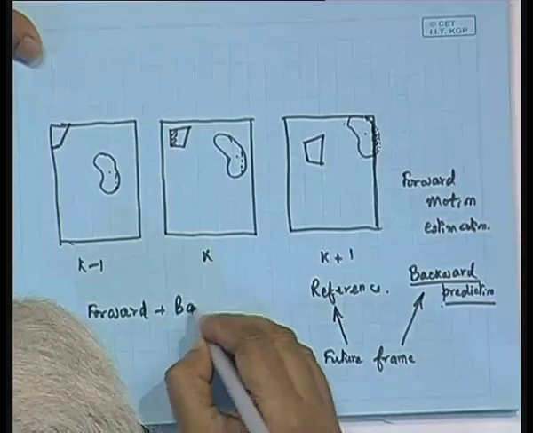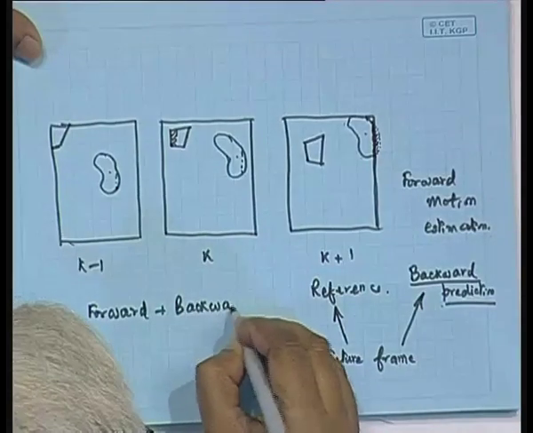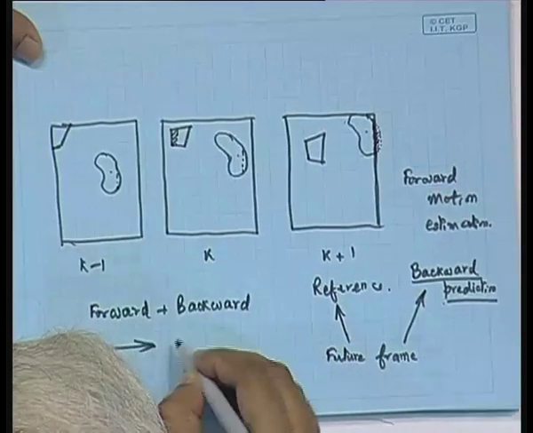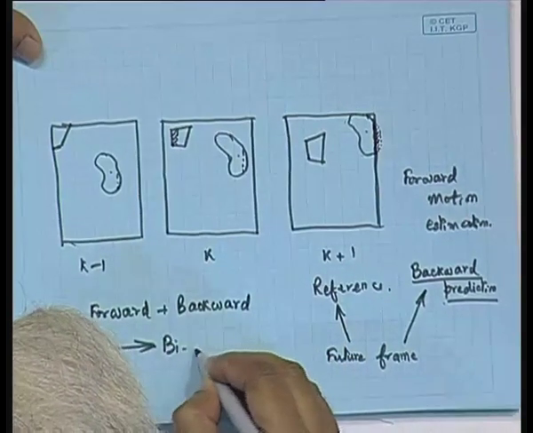We can use both the past and the future for prediction, and in that case we are employing both forward prediction and backward prediction. When we use both forward as well as backward prediction, that combination leads to a bidirectional prediction.